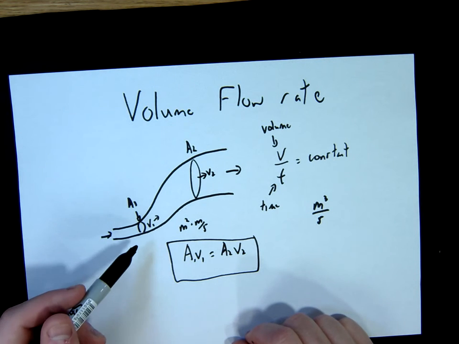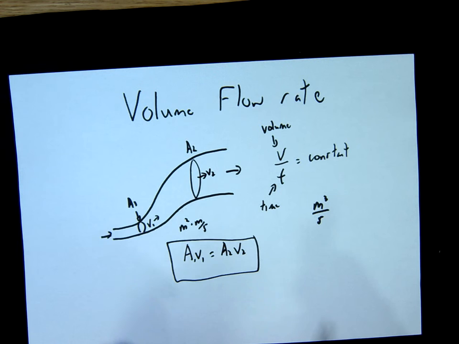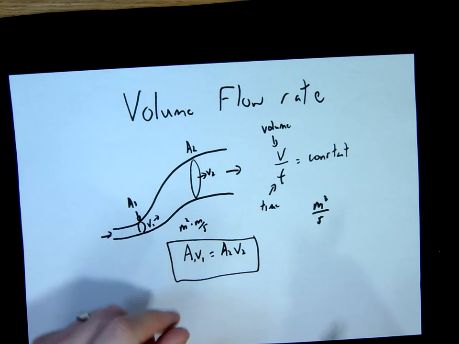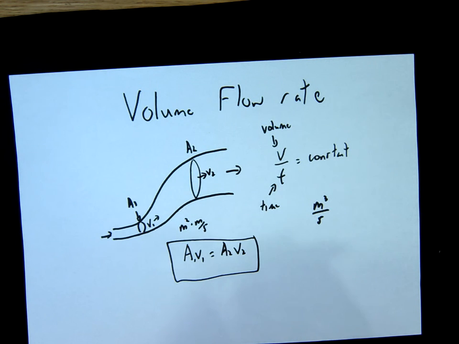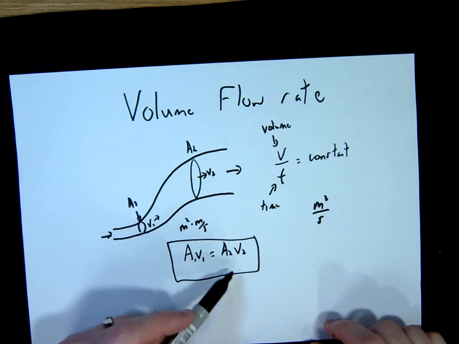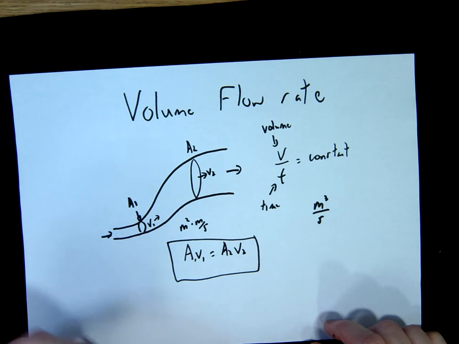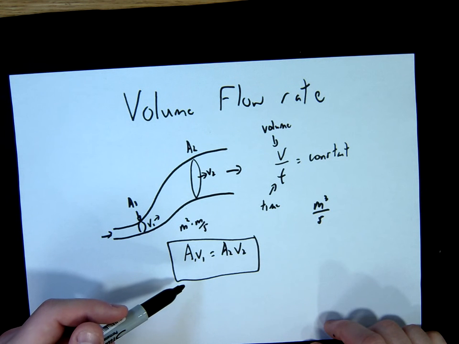And this is precisely why, if you've ever taken your thumb and put it over a hose, the water will generally tend to go faster because you've made the area of the hose smaller, and so it compensates by going faster to have the same volume come out through the hose.